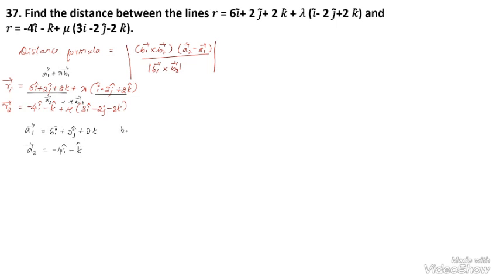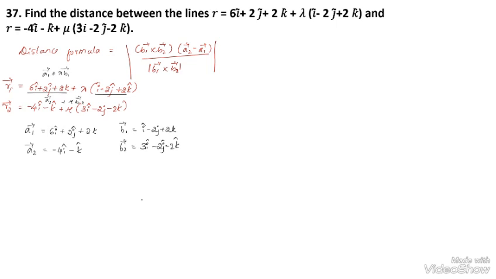Again, b1 is equal to i minus 2j plus 2k. And b2 vector is 3i minus 2j minus 2k.